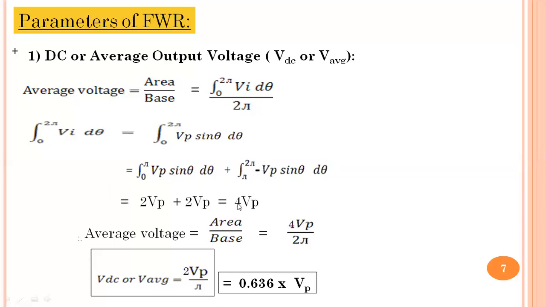Place the value of this area, 4 Vp, in the formula, 4 Vp upon 2 pi. What is left? Average or DC voltage equals 2 Vp upon pi, or 2 upon pi if we simplify, it becomes 0.636. Therefore, the resultant amount of DC voltage in the full wave rectifier is double that of the half wave rectifier, as an advantage over the half wave rectifier.